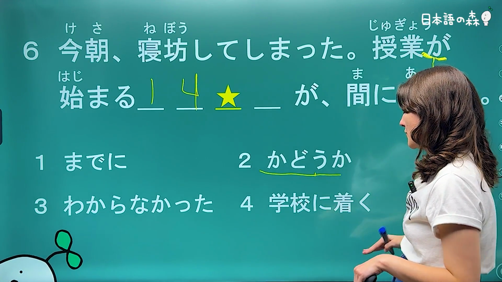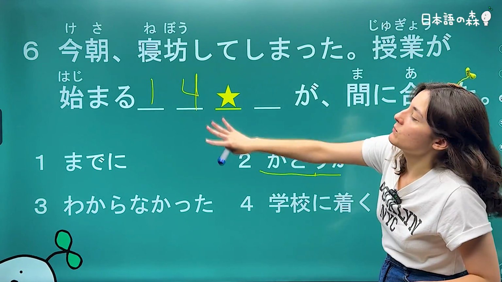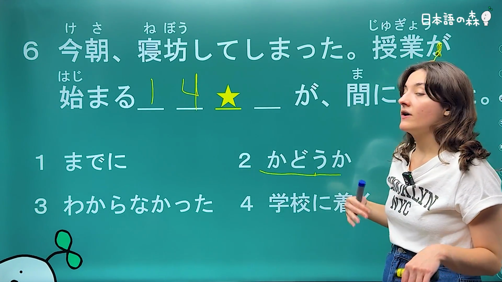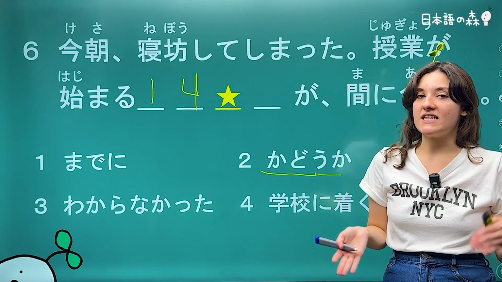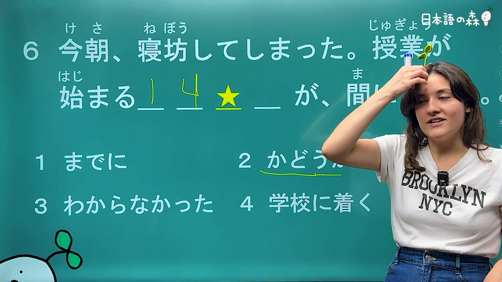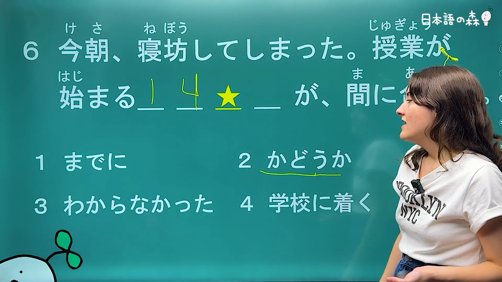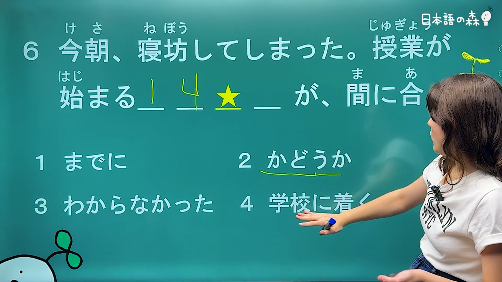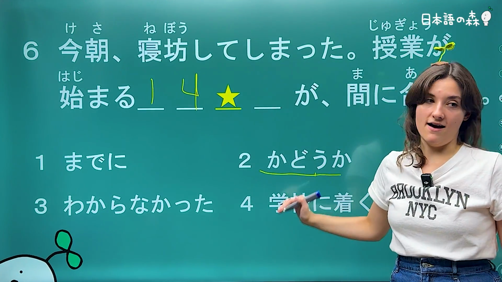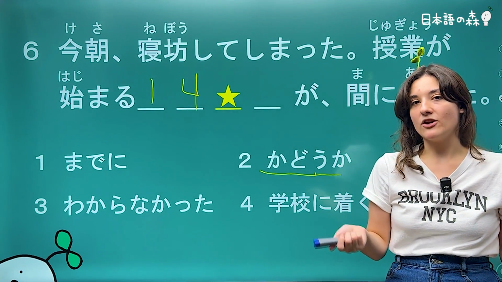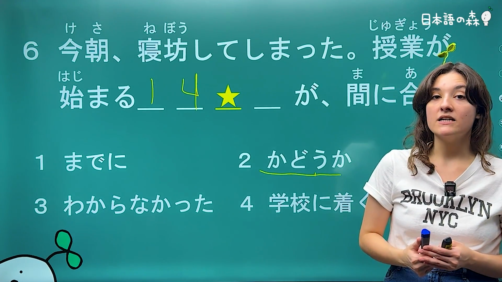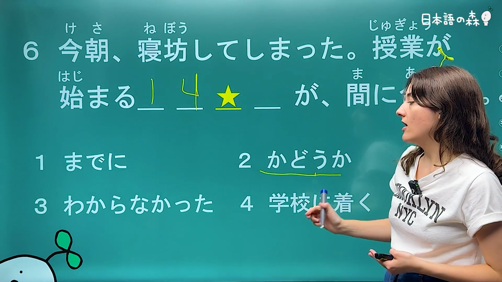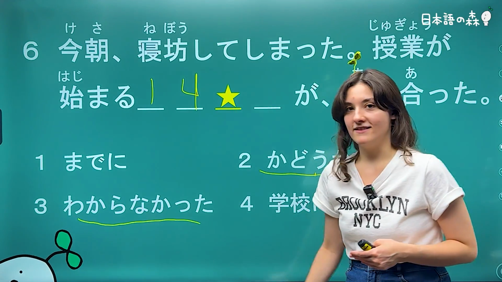If we look at this as a question, like 授業が始まるまでに学校に着くか? Imagine that was the end of the sentence. So will I arrive by the time class starts? Now, if we want to embed it in the sentence, we just add どうか. So it becomes 学校に着くかどうか? And then usually after an embedded question will come a word like I don't know, or I wasn't sure. It'll be something along the lines of わからなかった, right?